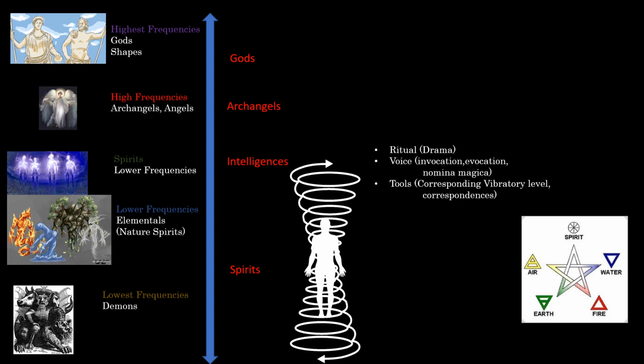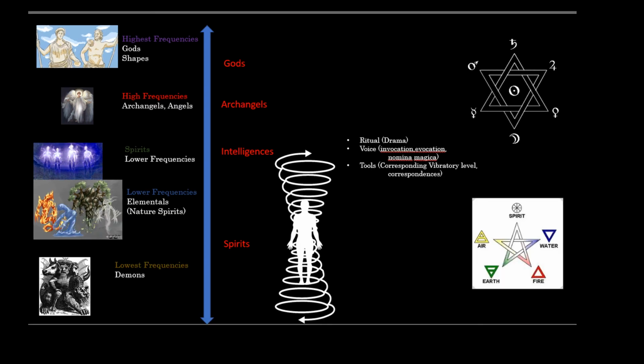So we use the pentagram in order to use the energies of the four elements, and we use the hexagram in order to use the energy of the zodiac forces, or the universal star forces. So this is the difference between the pentagram and the hexagram. One works on the elemental level, and the other one works on the planetary zodiacal level.